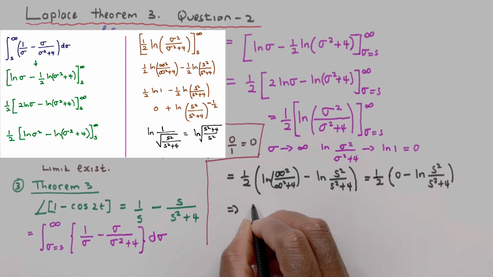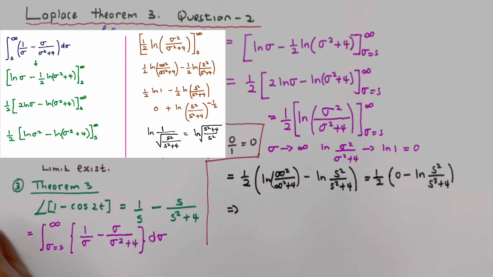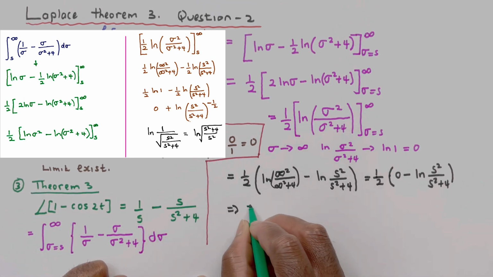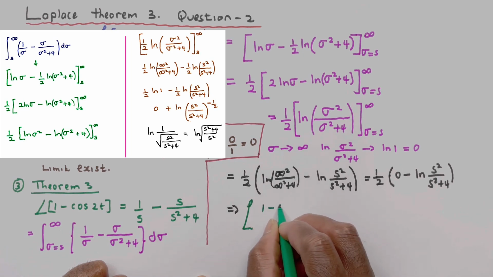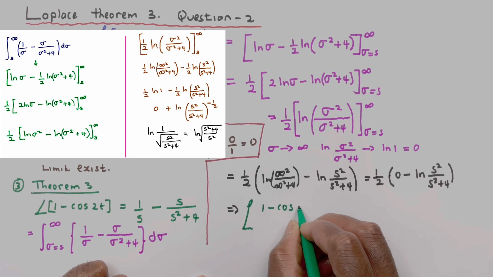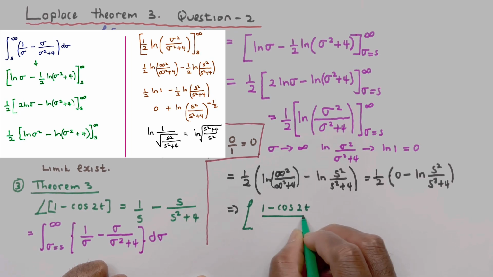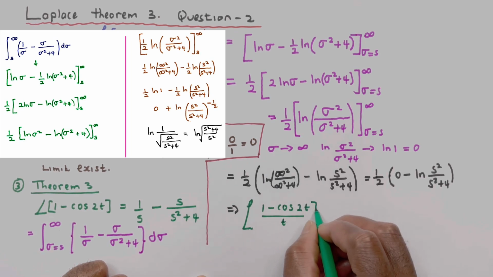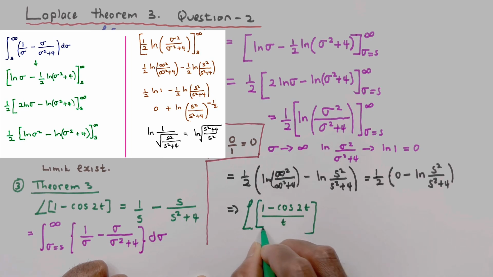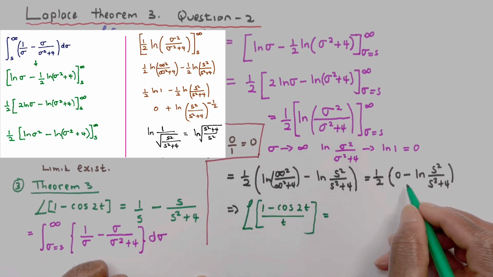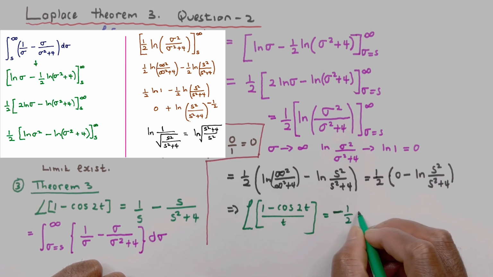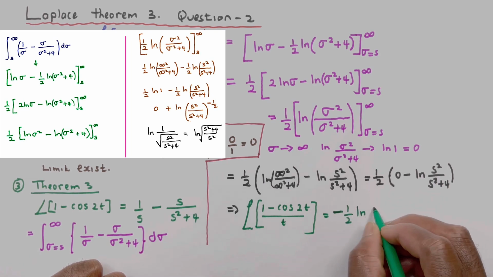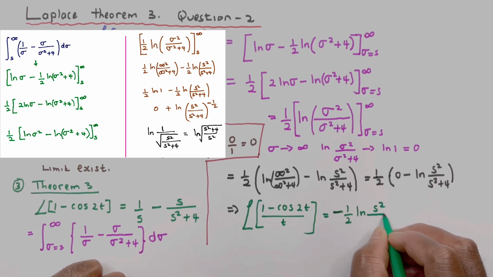Now we can write a Laplace of 1 minus cos 2t over t, which is minus a half ln s squared over s squared plus 4.